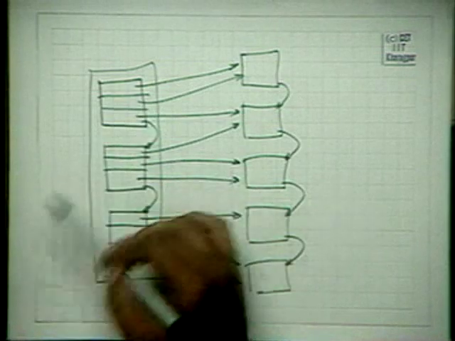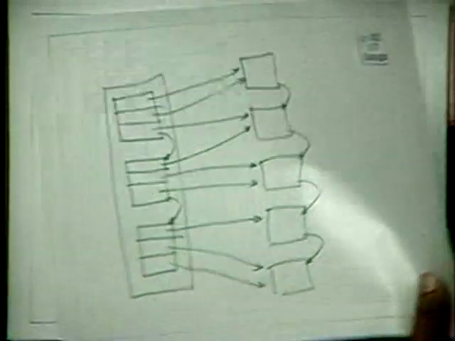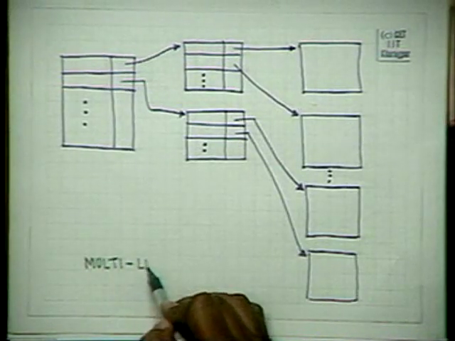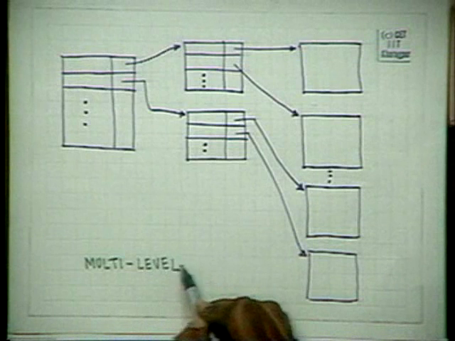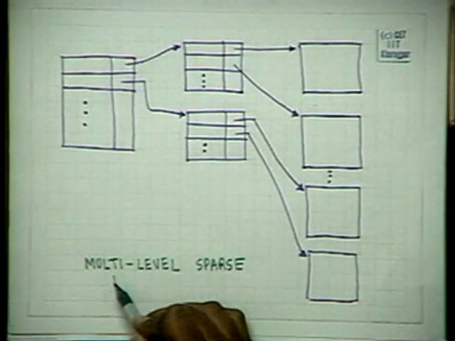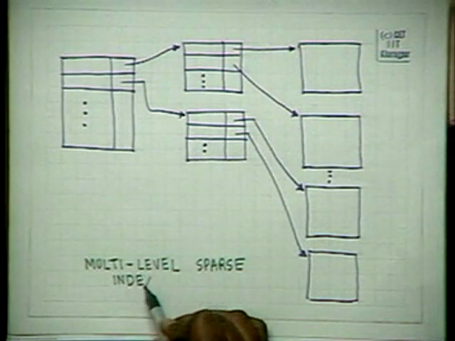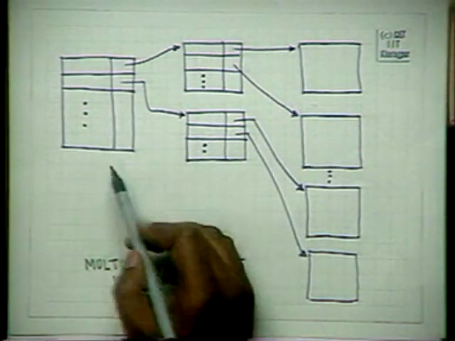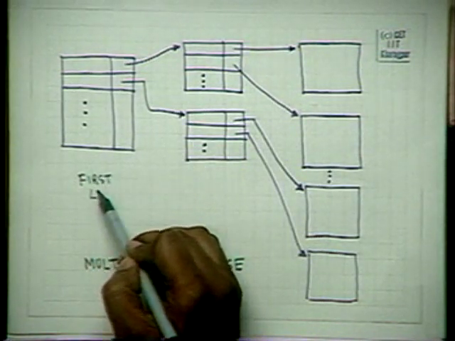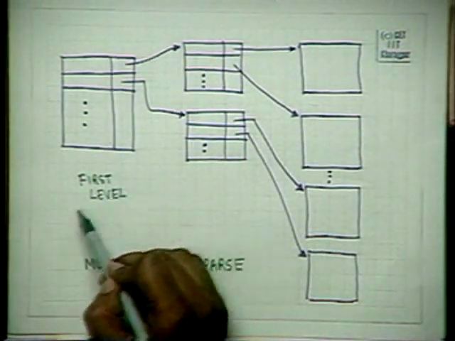It may be a dense index here, and we have a smaller sparse index to index the index file. Or both of them may be sparse, and we have what is called, in general, multi-level sparse indexing. This is the first level index file.